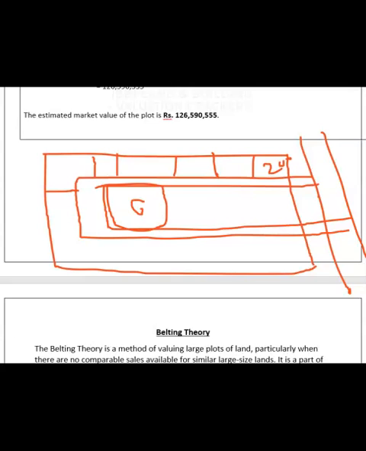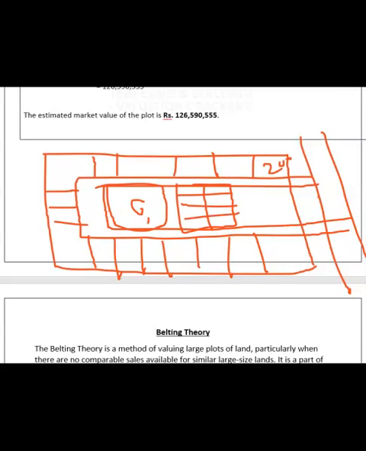Corner plots become a bigger size. Here you can make smaller plots. Here you can also put some plots of small size. Here you put one more road that will come facing the garden. Plots this way and that way.